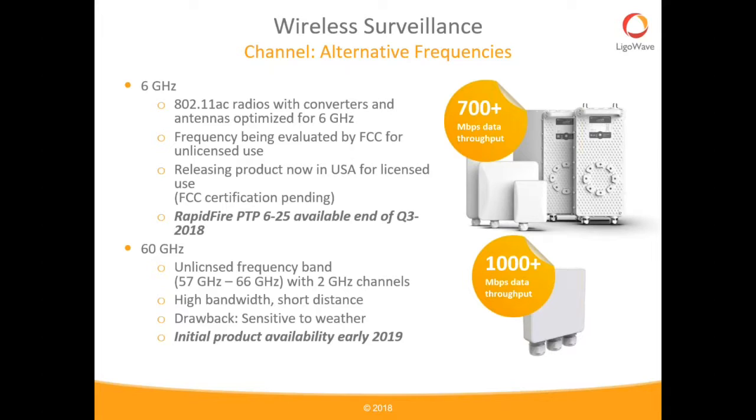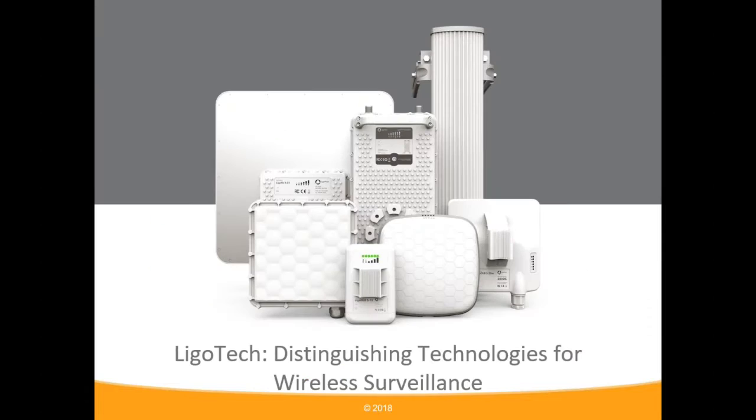And we're looking at using these in wireless surveillance as well, not so much because I need the huge amounts of bandwidth, but because they're very effective over short distances. And they won't be polluted by what's going on externally from Wi-Fi networks. So enjoy the silence of these alternate frequencies as they start becoming available.